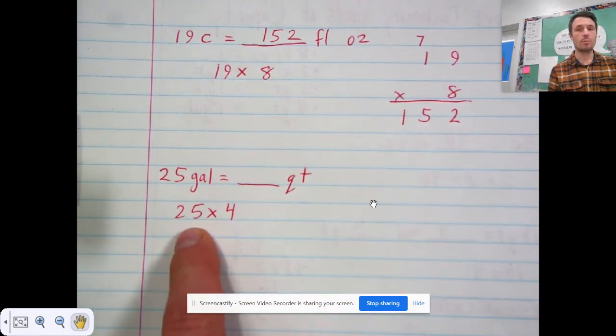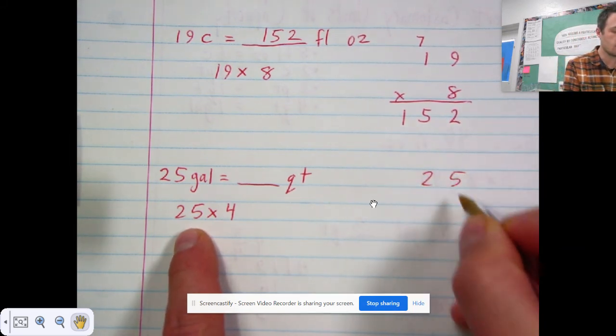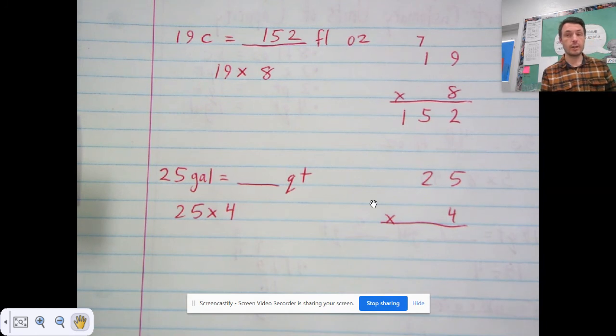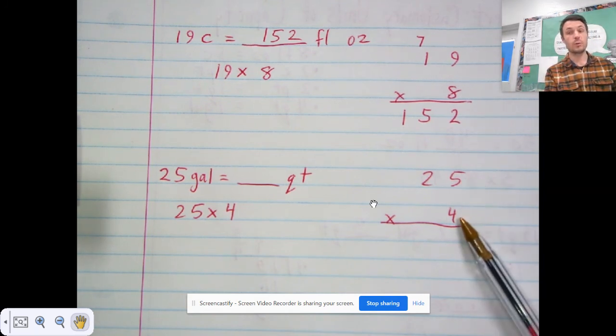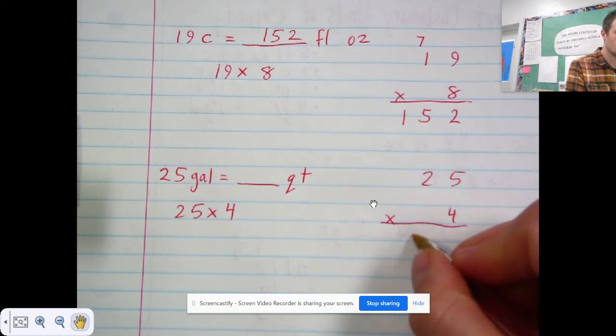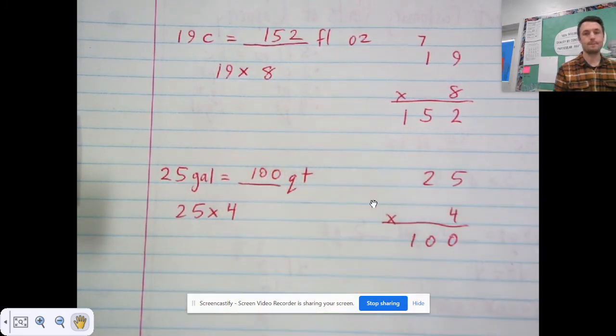Now you could set this problem up the same way that we set this one up, or perhaps you already know that 25 times 4 equals 100. 25, 50, 75, 100. So that's the answer. So 25 gallons equals 100 quarts.